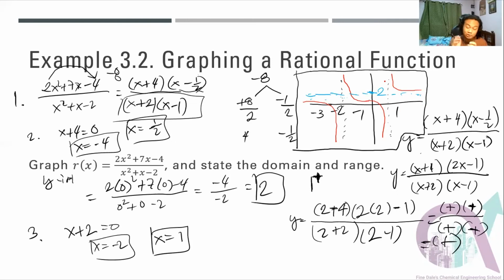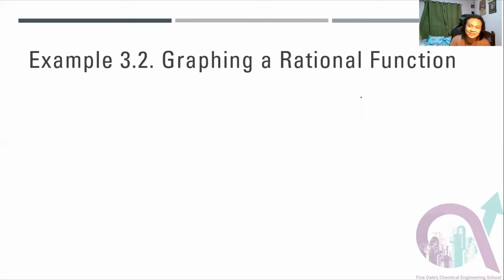Okay, so to make sure, you can plot values. You can plot values for you to be sure about the graph.